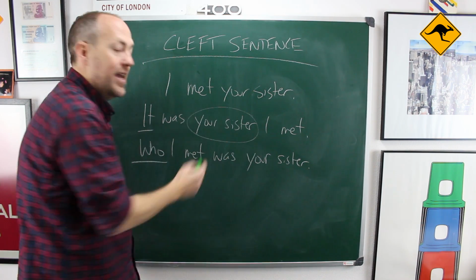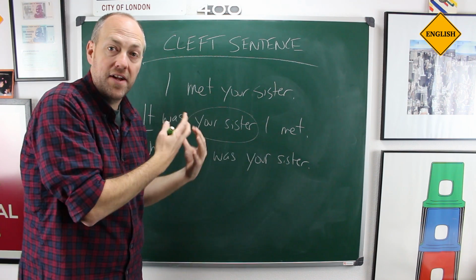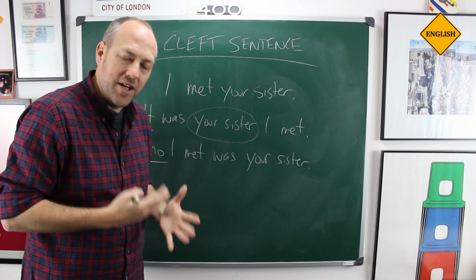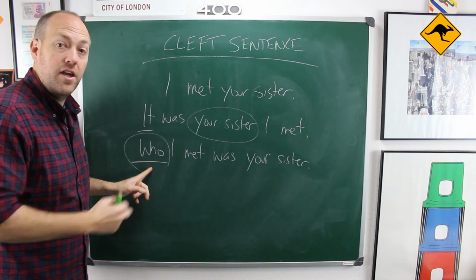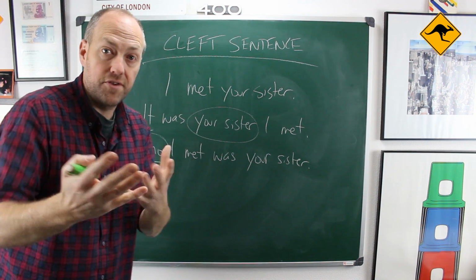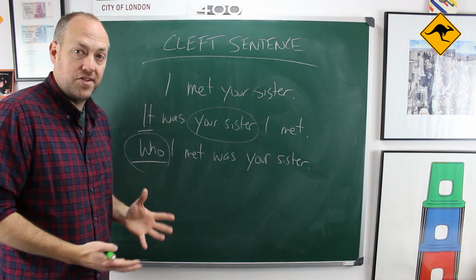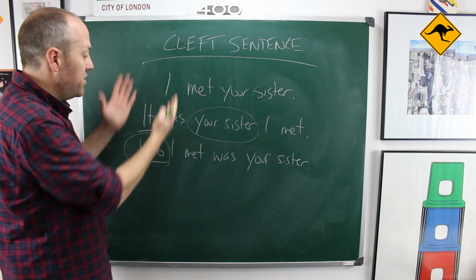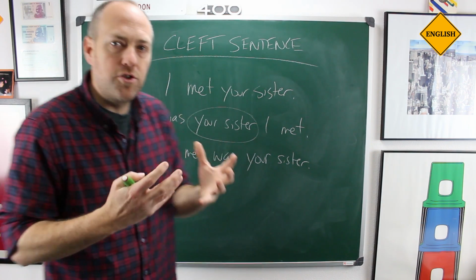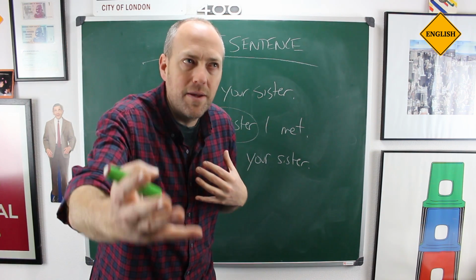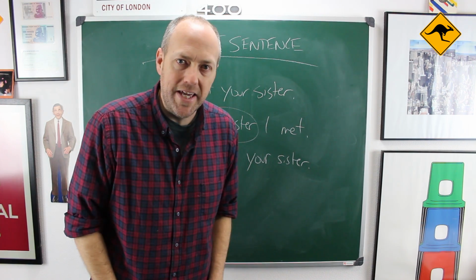So, here we are bringing this information to the front to give it the extra emphasis. And again here, the who is of course your sister. Who I met was your sister. So these types of cleft sentences can help us to portray more subtle meaning when we're speaking.